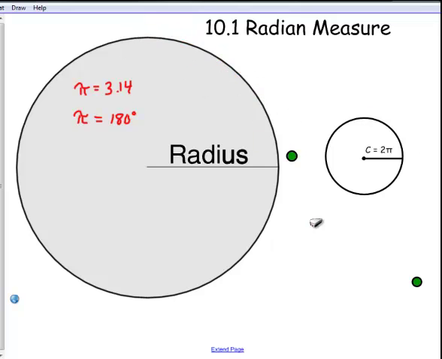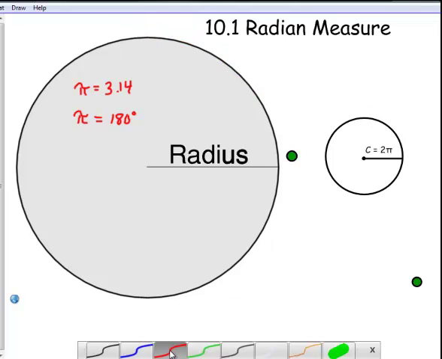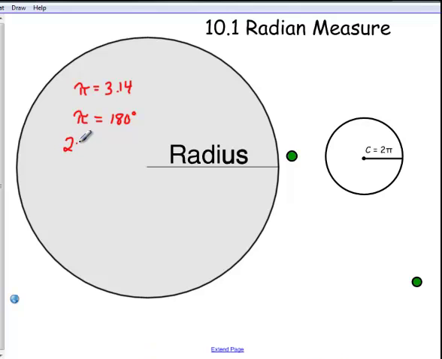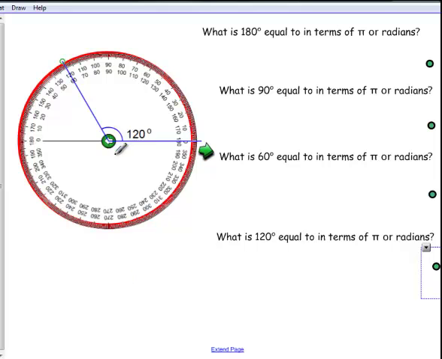And that means that in a circle there are 2 pi's. And if 2 pi's get you 360 degrees, and 2 pi also represented the circumference. Cool.